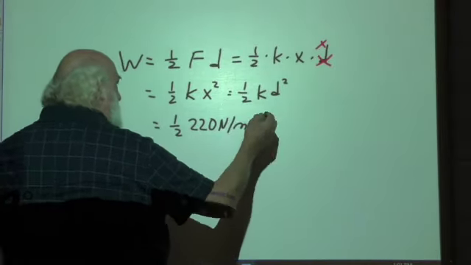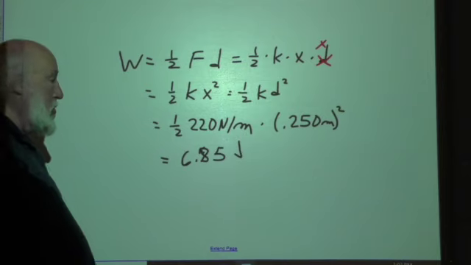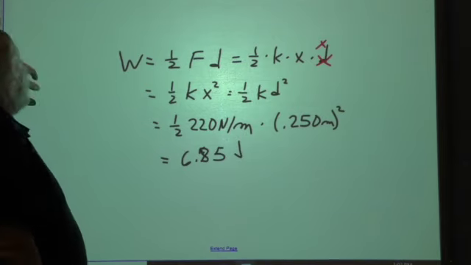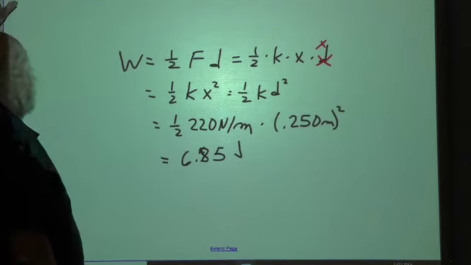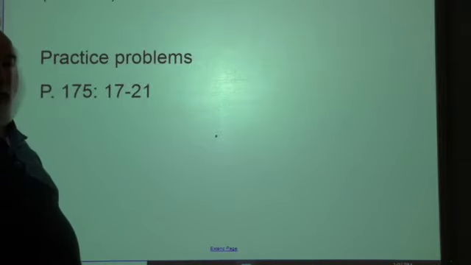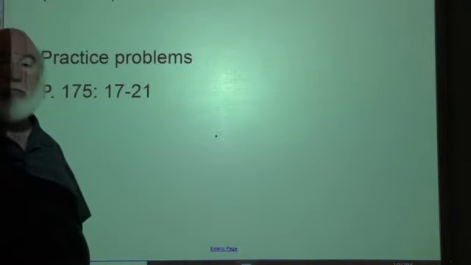Well, how far do we pull it? 0.250 meters, have to be meters, squared. Okay? So we multiply this out, and 6.85 joules is what I should have gotten for an answer. Okay? Your assignment is page 175, problems 17 through 21. All right? Good luck.